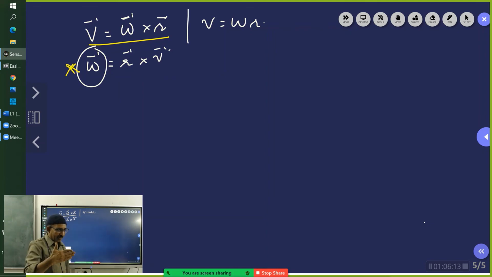Unlike velocity, which means displacement in that direction per unit time, or force, which means force applied in that direction, here it is a convention. We have created a fictitious vector.